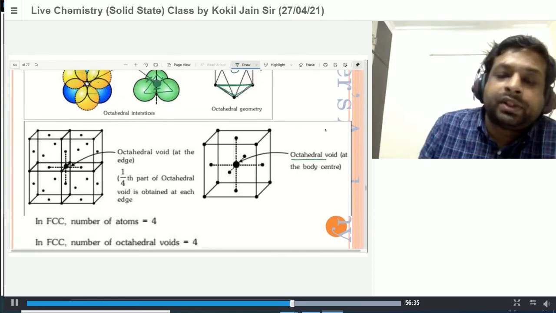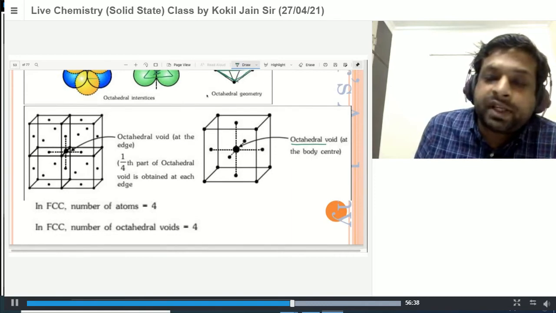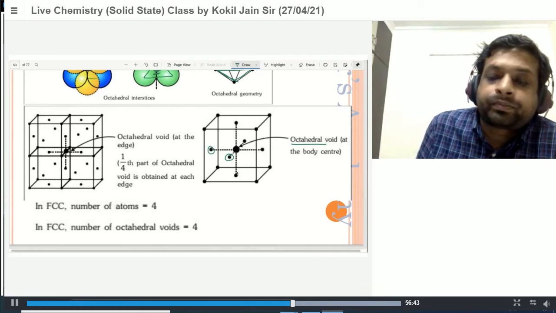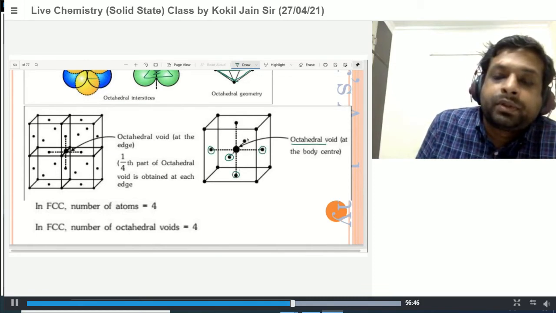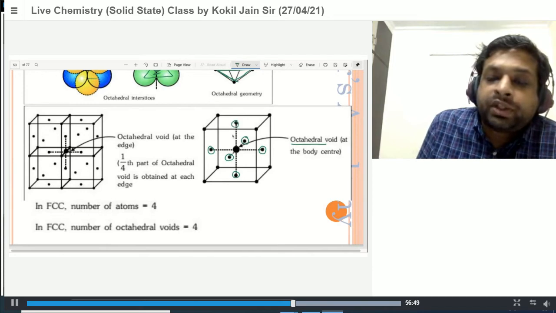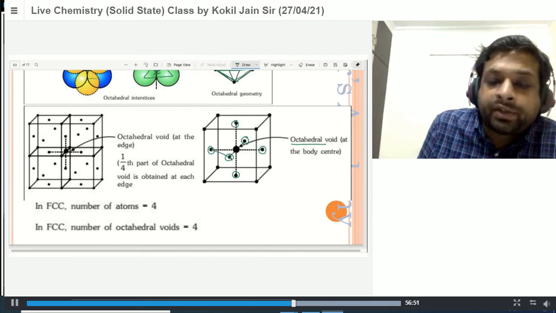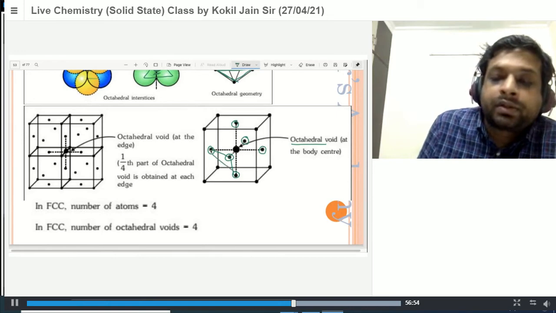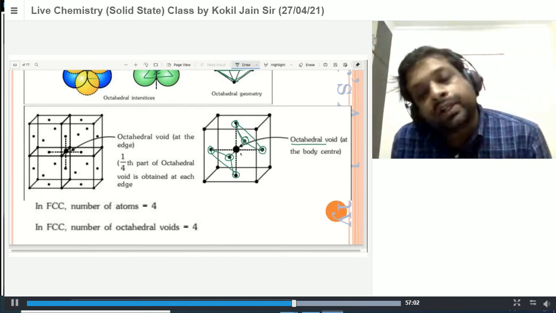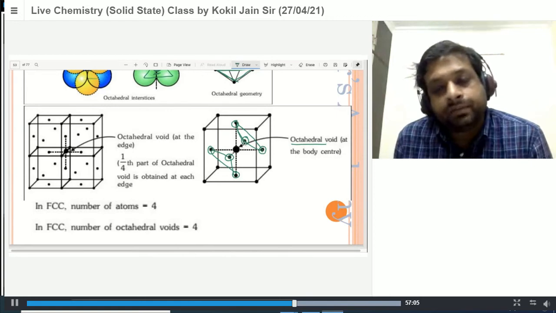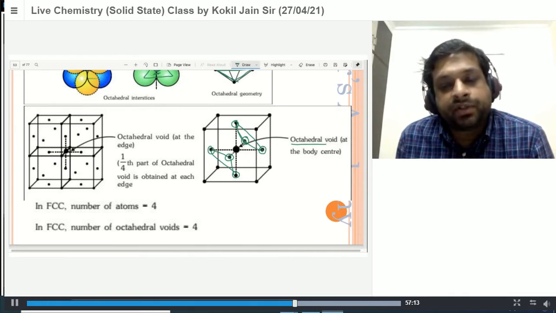If these 6 atoms of the face center make an octahedron here, like this, in between this octahedron, one face center is at the back of the cube and this one is at the front side of the cube.